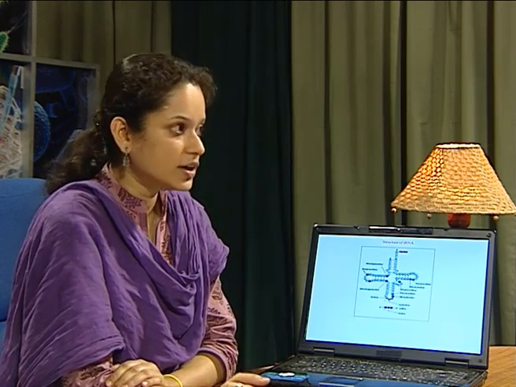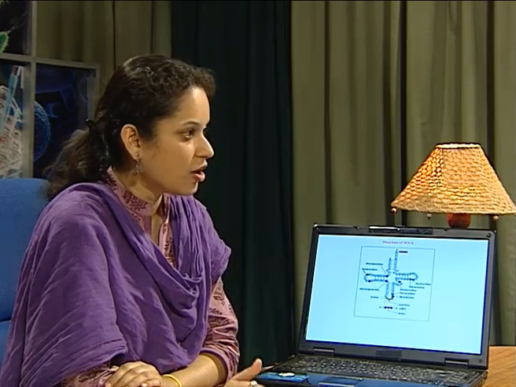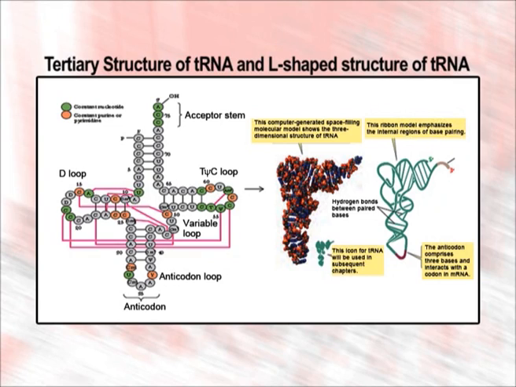Now if we move further, the physiological function of tRNA is shown by the tertiary structure. The tertiary structure is formed by the interaction between the bases present in the D loop with the bases present in the variable loop and in the T-Psi-C loop. Due to these interactions of bases between the loops, it folds and brings the loops together and bends the cloverleaf model into an L-shaped structure.